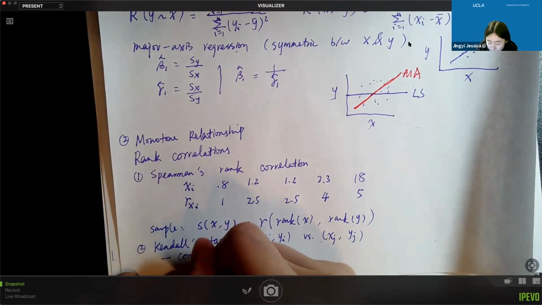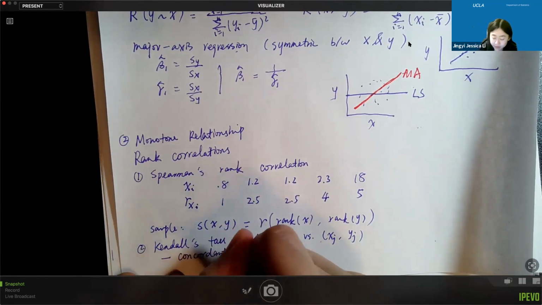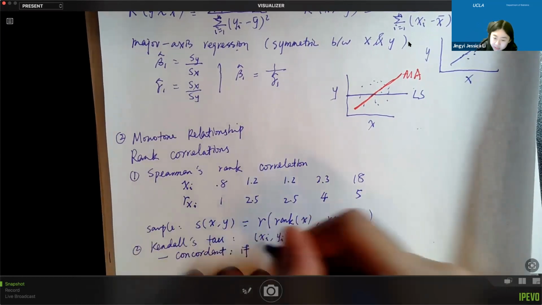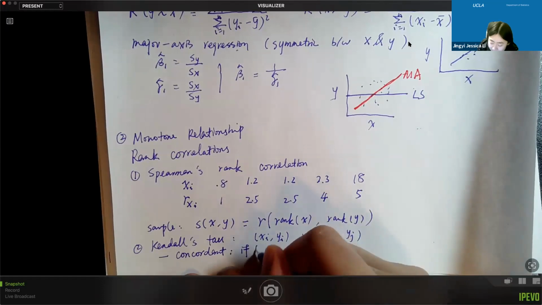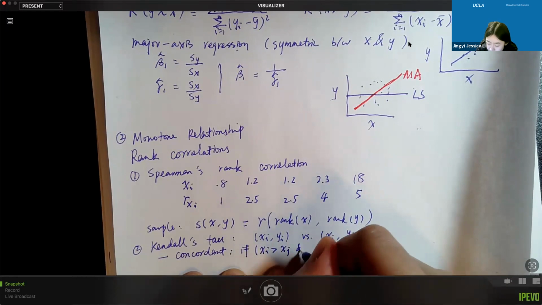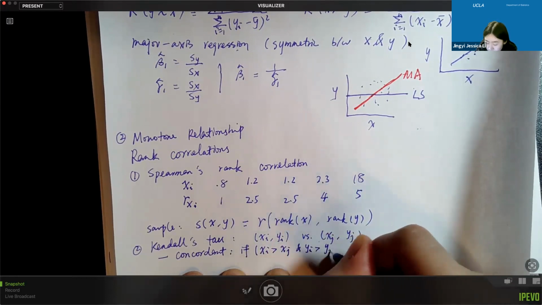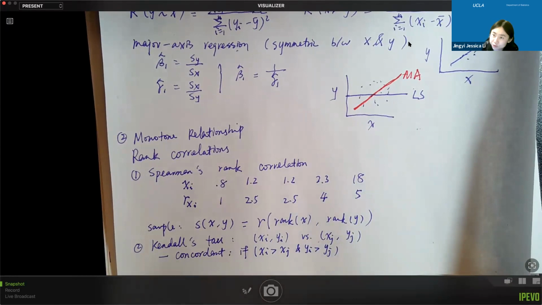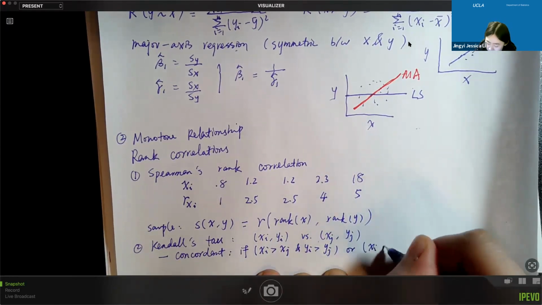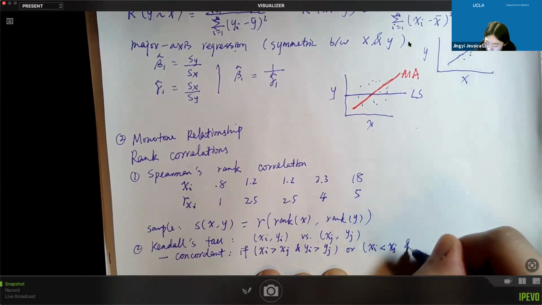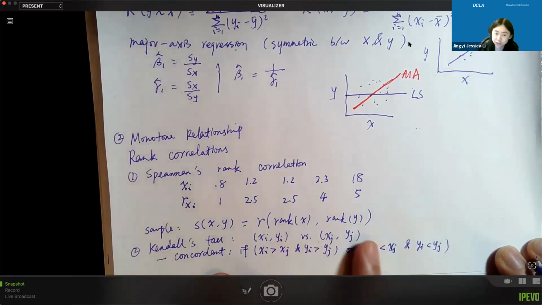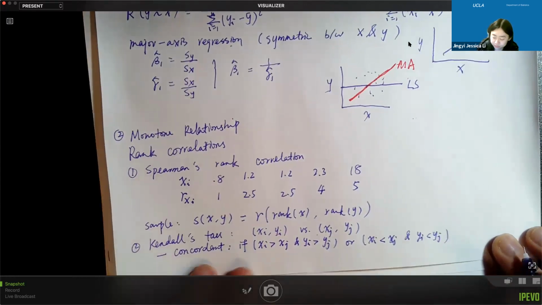We call them concordant pairs if either case happens: xi bigger than xj and yi bigger than yj, so the direction is the same for both x and y, or xi less than xj and yi less than yj. We call that a concordant relationship between the two pairs.